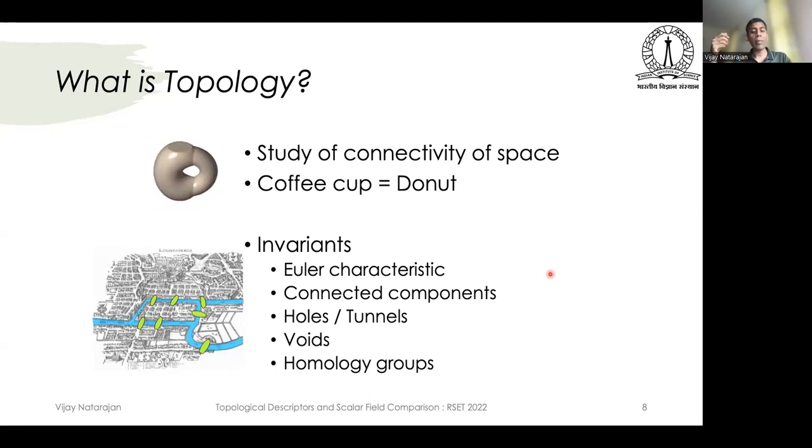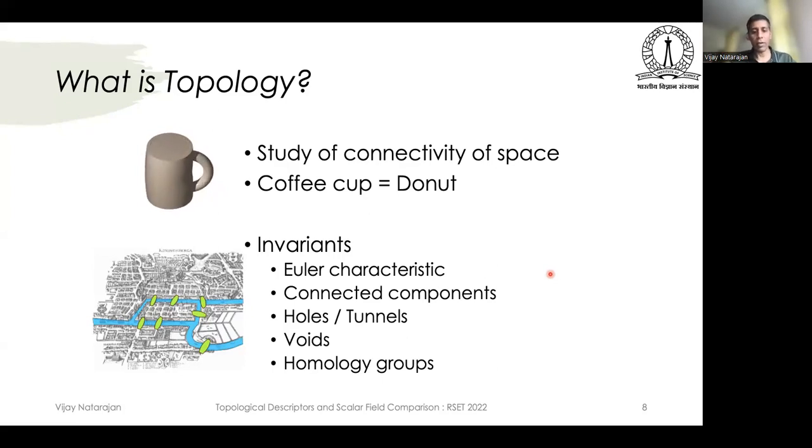In order to be able to compute such invariants, we use ideas from algebraic topology. So these invariants are often captured in the form of groups, for example, homology groups. And that makes the whole set of invariants computable.